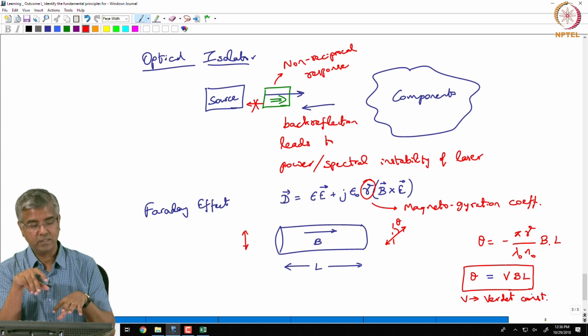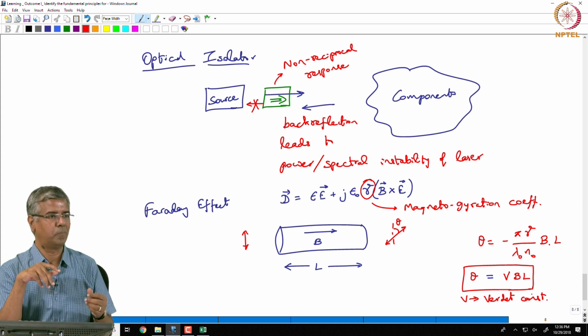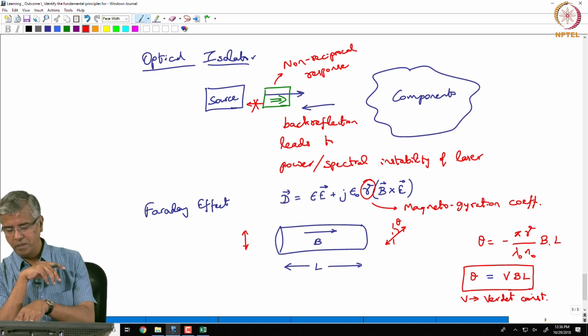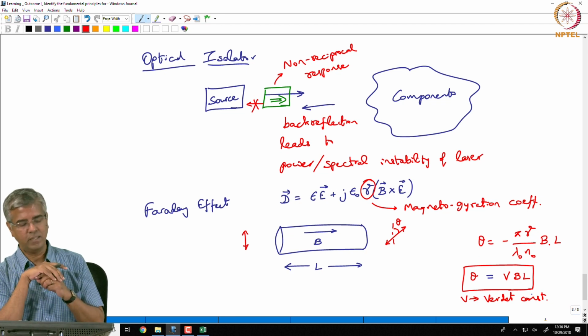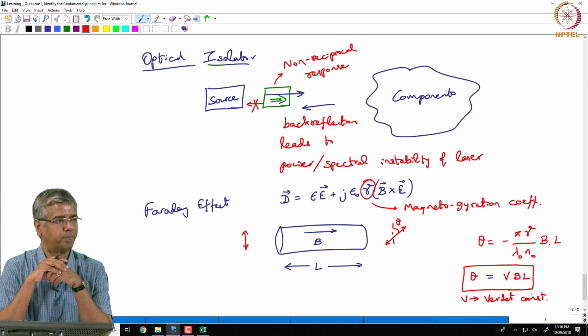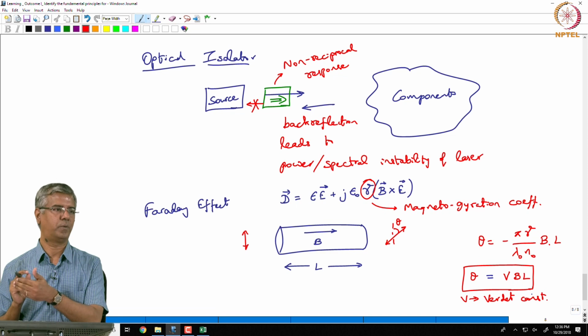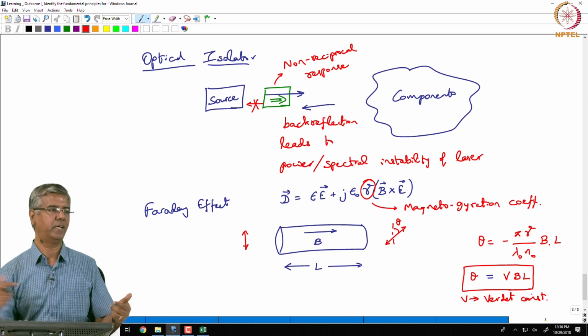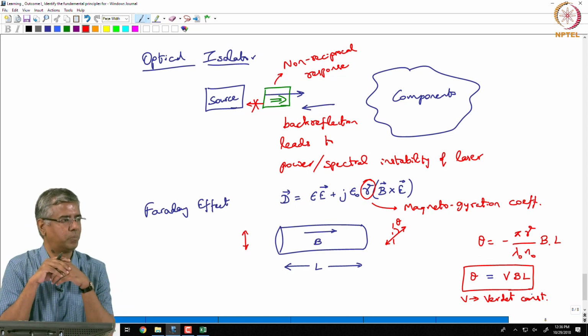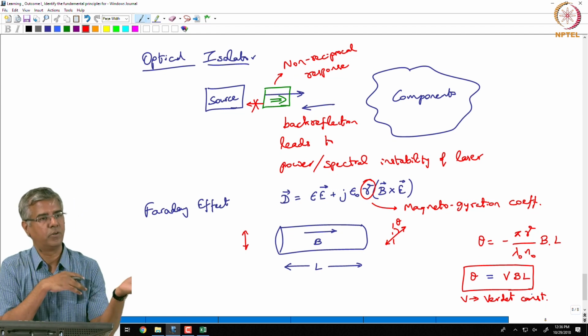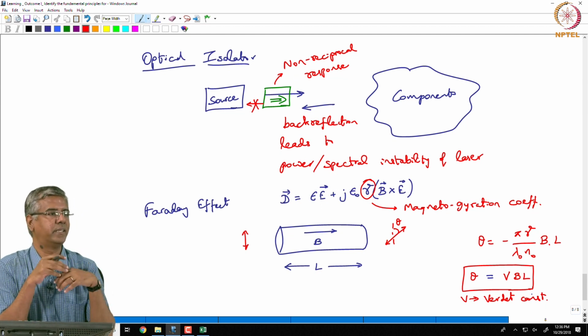Okay. But this Faraday effect is not reciprocal. Why? Because the sign depends on which way the rotation happens, depends on B cross E. In one case, B is oriented along the direction of propagation, in the other case B is oriented against the direction of propagation. So, the rotation would have been in the other direction.